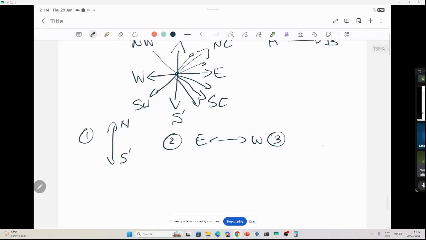You can go towards northeast, southeast, southwest, or northwest. So we are going to take one by one and have a look at how to find the course and distance in all these cases.